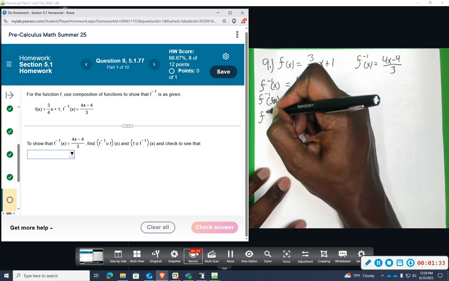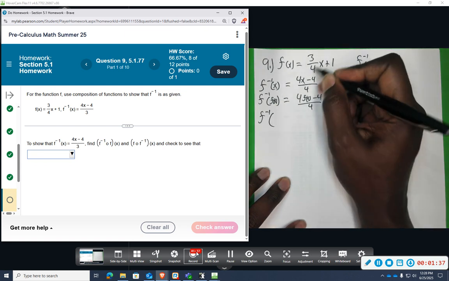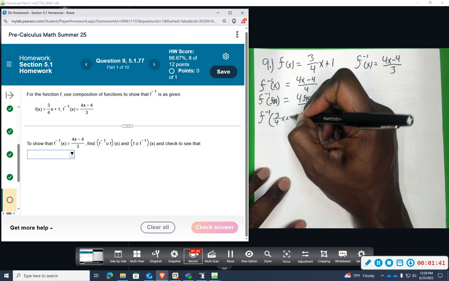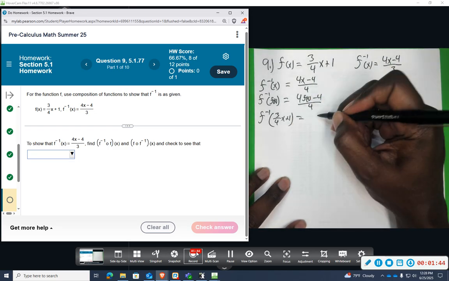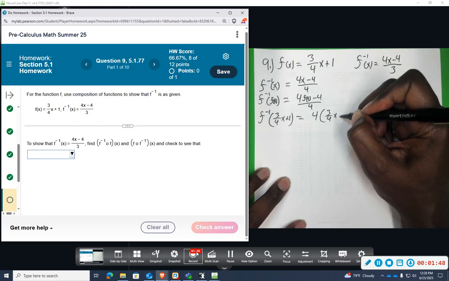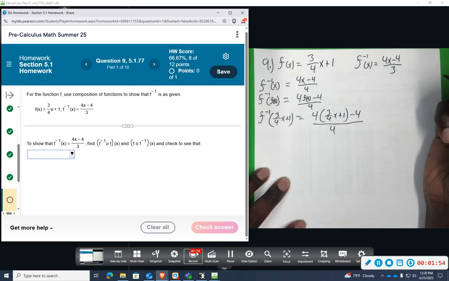So f inverse, instead of f of x is equal to 3 over 4x plus 1. I'm going to plug that in over here. So we got 4 times that, and then we got our minus 4 all over 4.